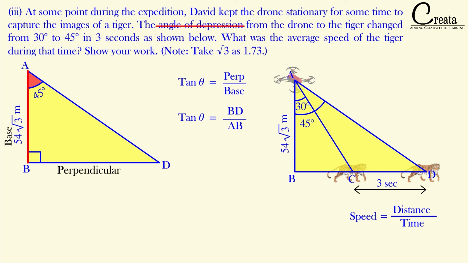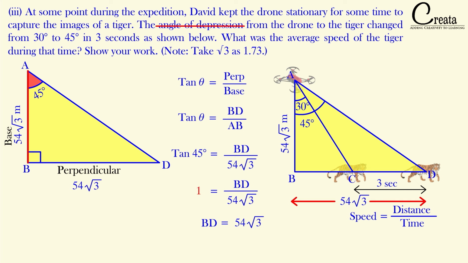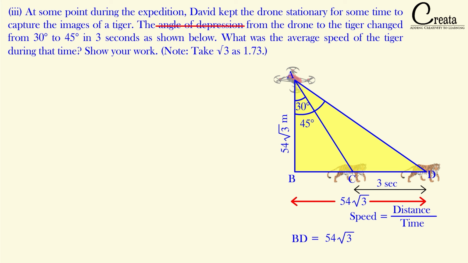Perpendicular we have to find. Base is given as 54 root 3. Angle theta is 45 degree. And what is the value of tan 45 degree? It is 1. So on solving, we got the perpendicular as 54 root 3 meters. This distance we got as 54 root 3 meters. One part we have done.